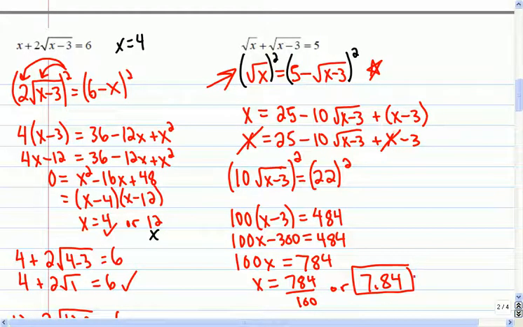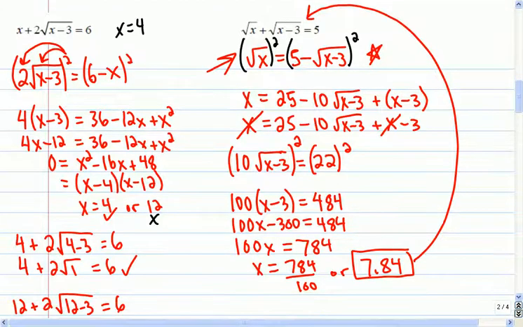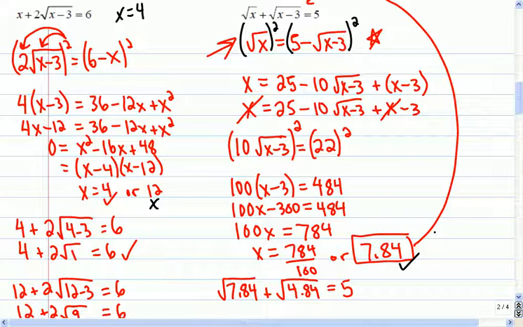So then all we'd have to do is double check it in the calculator. So somebody with a calculator, can you double check those two, see that it adds up to 5? So we want to make sure root 7.84 works. All right, okay. So maybe I could have picked some better numbers, but that's the technique.